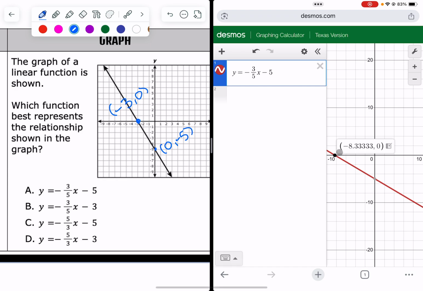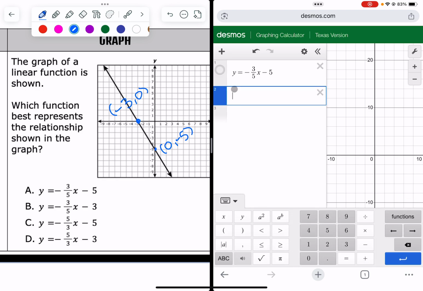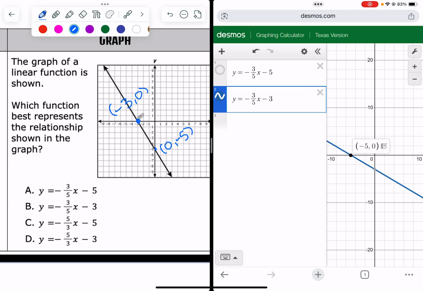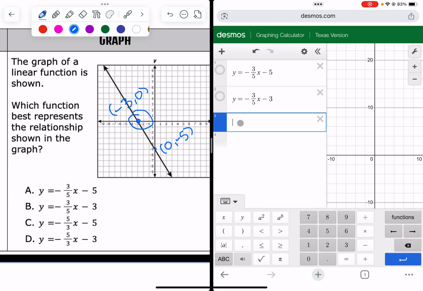If I look at this, it touches -8.33 on my x, but I want -3. So this can't be my answer. So I'll try B. Y equals -3/5 x minus 3. Now this says -5 for my x, but my x is supposed to be -3.